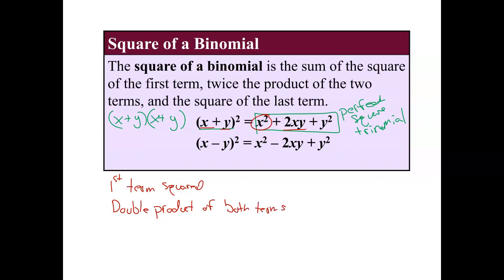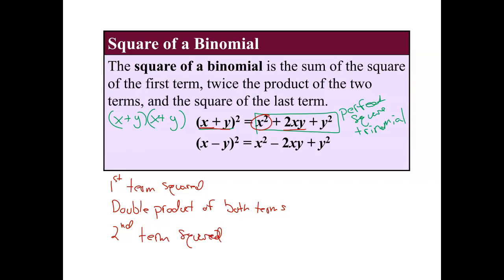So we multiply whatever our two terms are and then double it. Okay? Multiply them together, double it. That gives us our middle. And then the last one is going to be the second term squared.